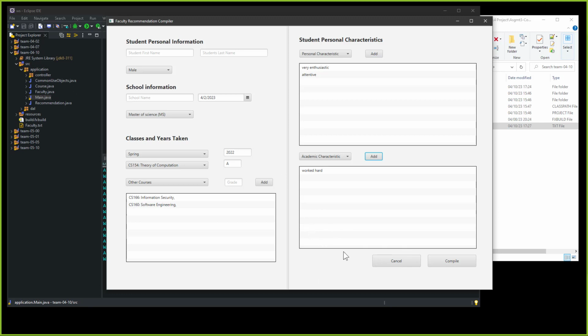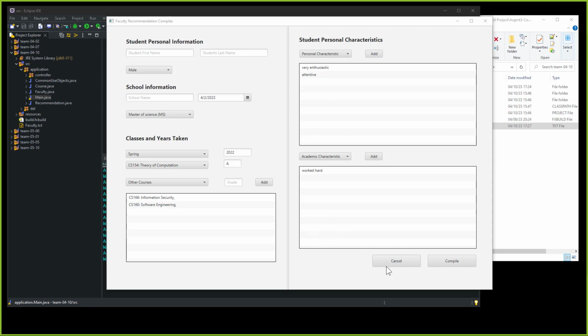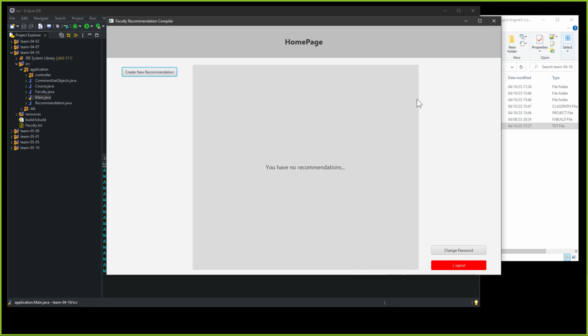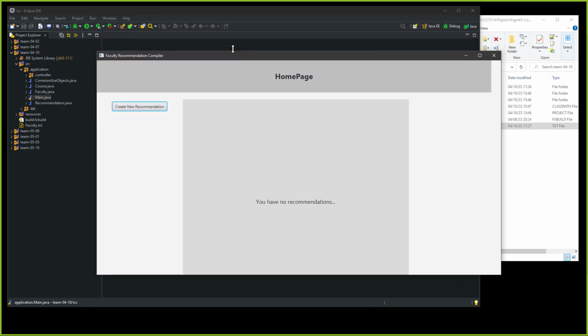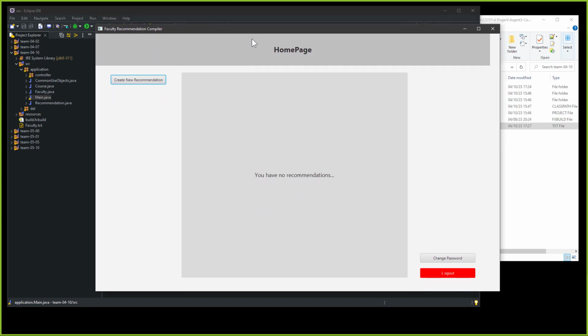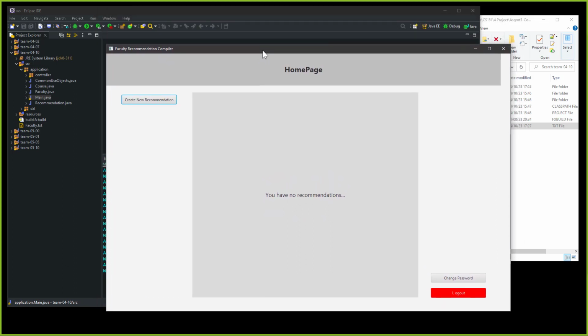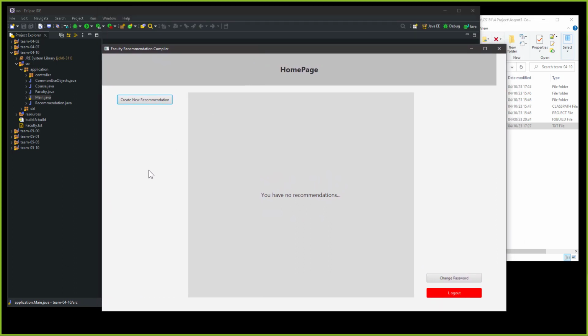But this group has a cancel here, and this annoying pop-up comes again, and it goes back to the home page of the application. So this was one of the good projects, I mean good implementations, that I just wanted to show you guys.